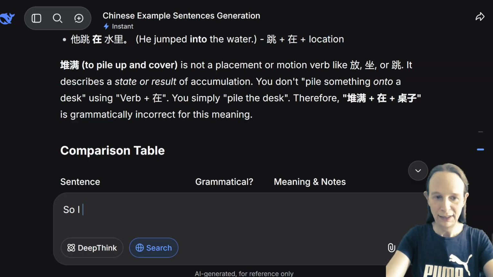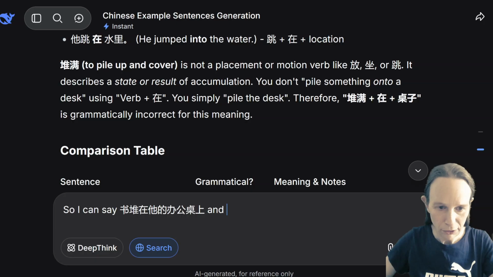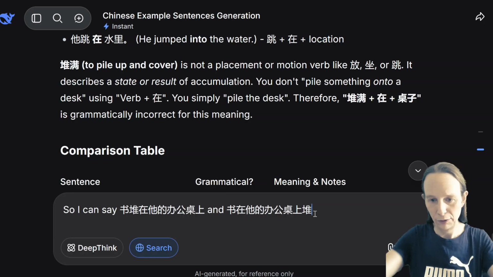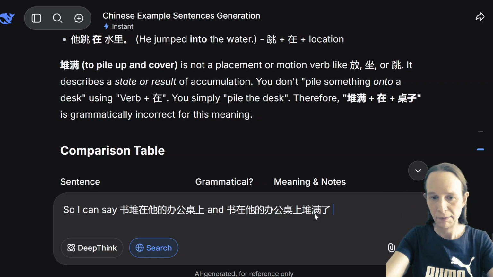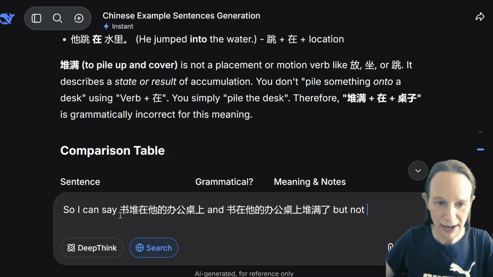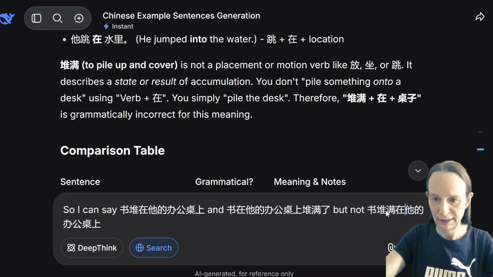So I can say 书堆在他的办公桌上, and 书在办公桌上堆满了, but not 书堆满了堆满在 blah blah blah.